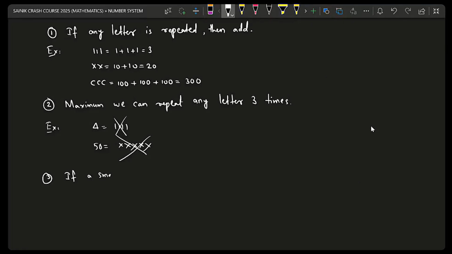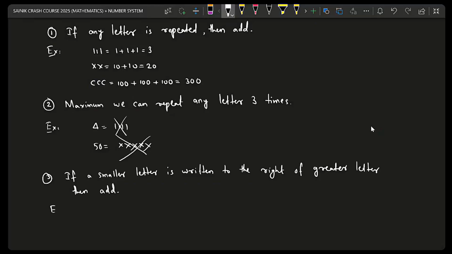If a smaller letter is written to the right of a greater letter, then which operation are we going to do? Addition. So simply we can write then add. For example, suppose I write VI.